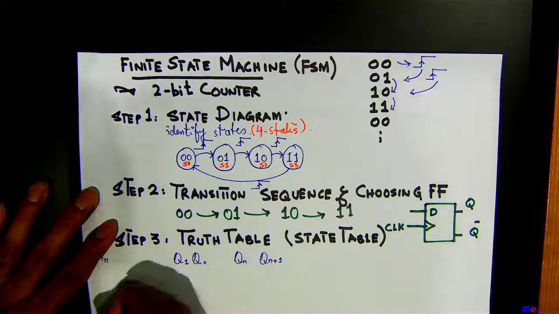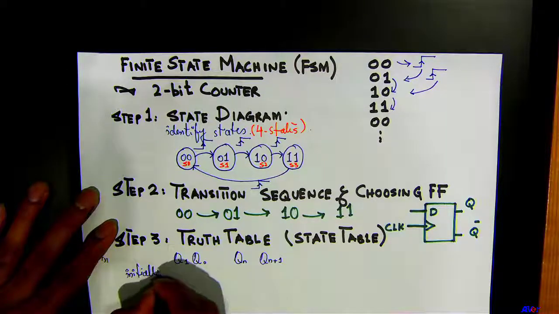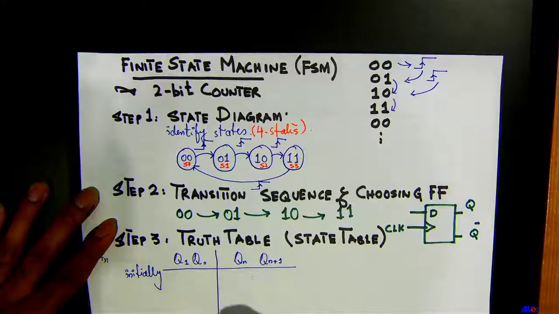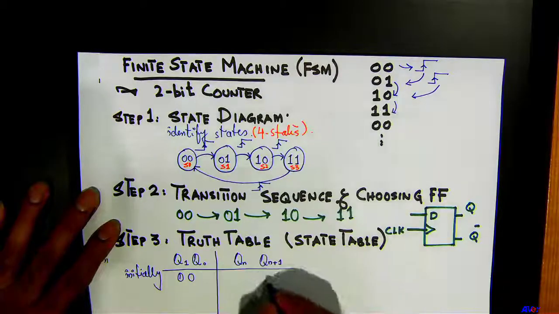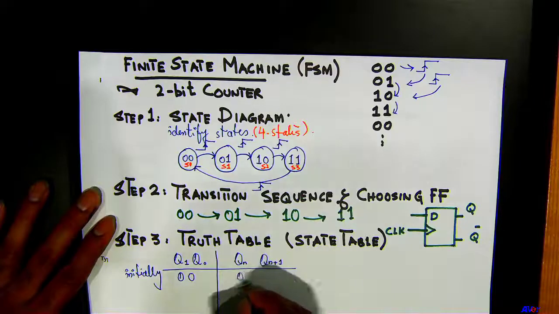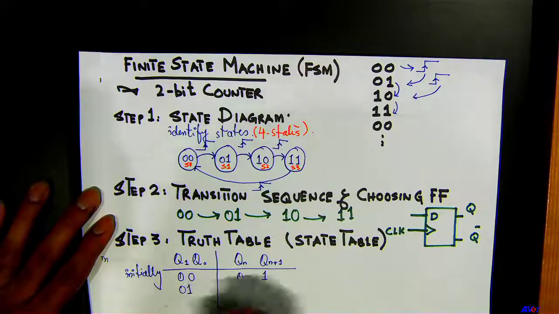Okay, initially we have 0 0, correct? What would be the next state, folks? Next state will be 0 1. The present state is 0 1, the next state will be 1 0.